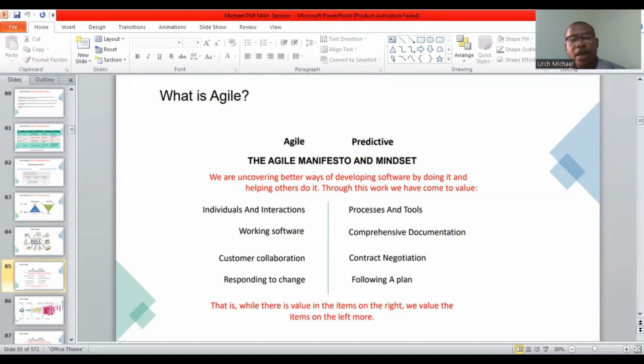Number 1, that individuals and interactions should be given more consideration over processes and tools. So as much as possible, let's look at personalities in the projects, the individuals.